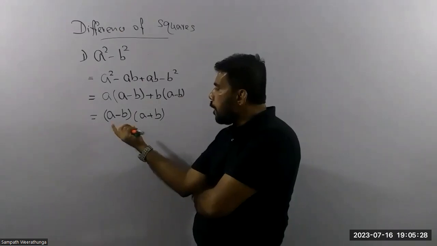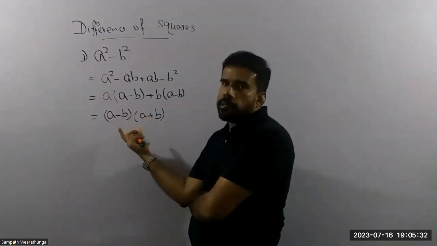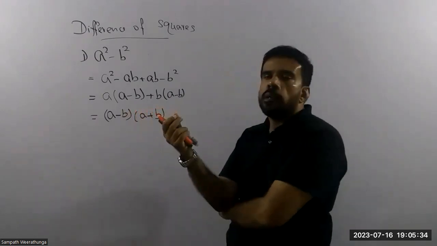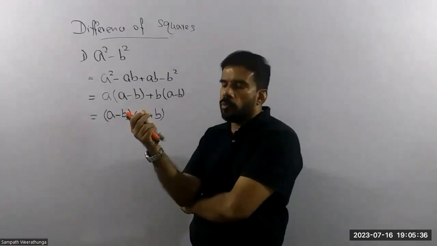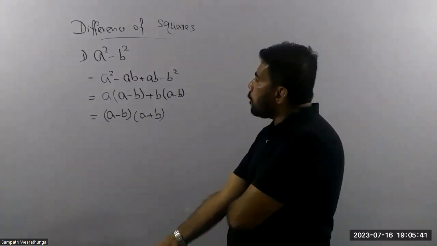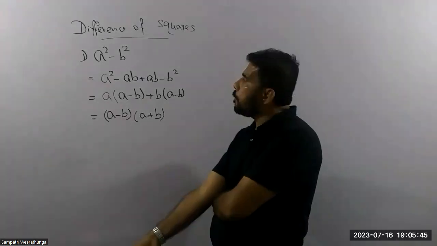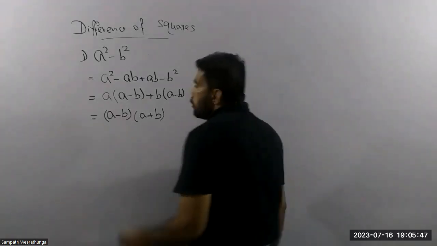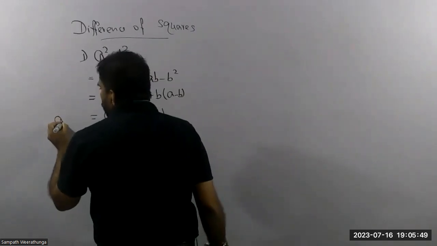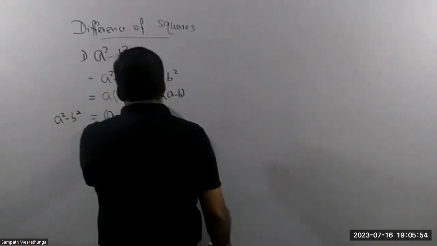Factorize means I can write it in simple terms in this nature. So this is one of the important points we should know when we are dealing with algebra, and this result we can use directly. We don't need to prove this. This is one of the important relationships we derived and we should remember.